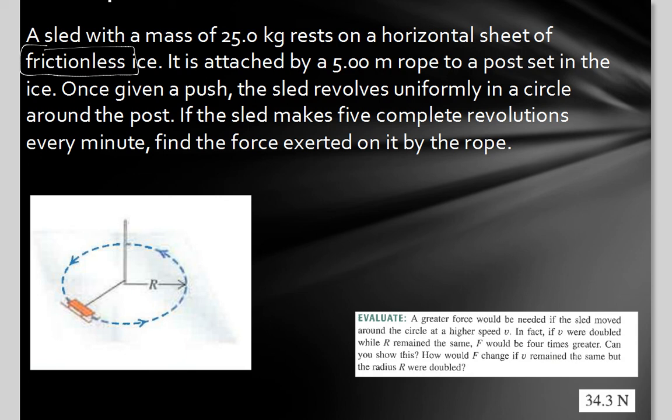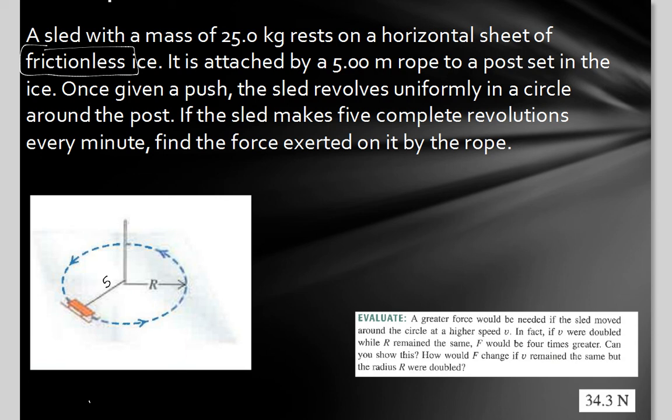A sled with 25 kilogram mass is resting on the horizontal sheet. It is attached by a 5-meter rope, so the radius is 5. Once given a push, the sled revolves uniformly in a circular motion around the post. If the sled makes 5 complete revolutions every minute, find the force exerted on it by the rope.